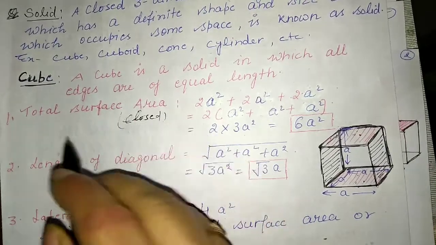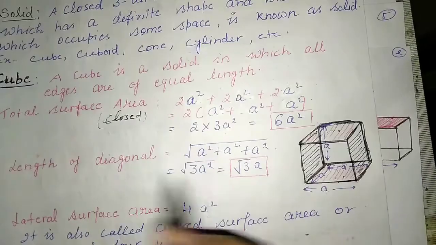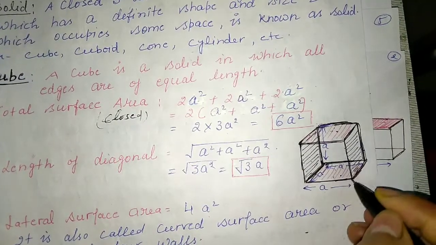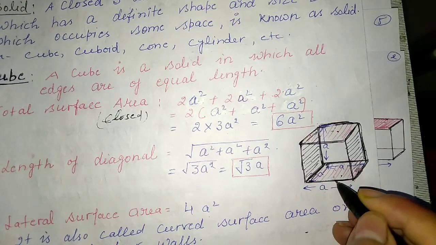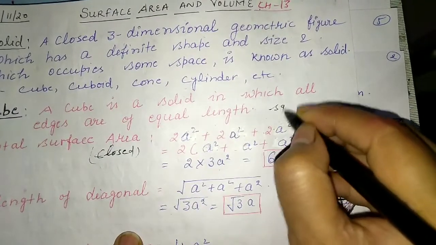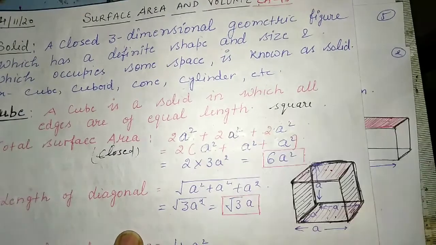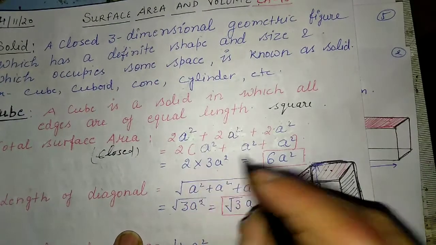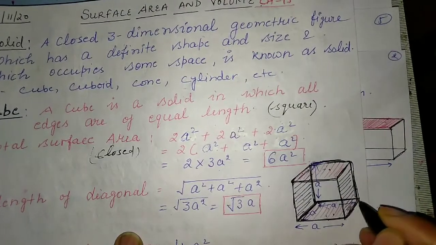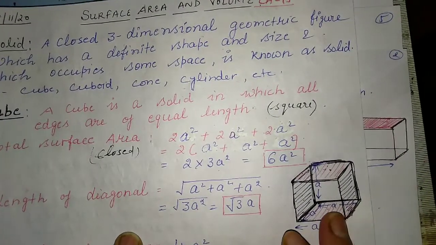If the figure is completely closed, then we have to find the total surface area. The base of the cube is a square, so the area is side into side, that is a square.